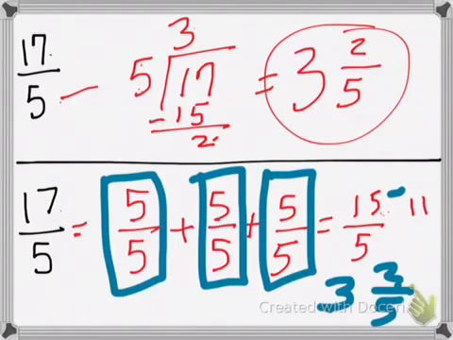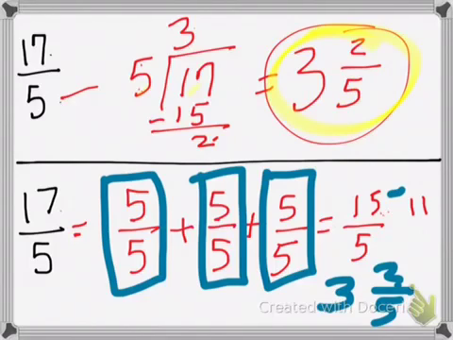So let's look back at what we did to 17 fifths here. The first method that we did was through division. So 17 fifths, we said that 5 fits into 17 3 times. So you can make 5, 5, 5. That makes 3. And you had 2 left over. So that made it 3 and 2 fifths.